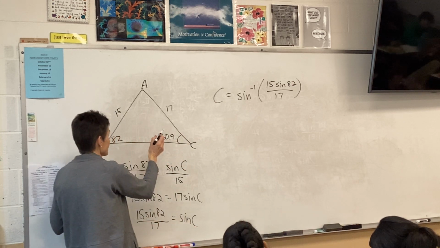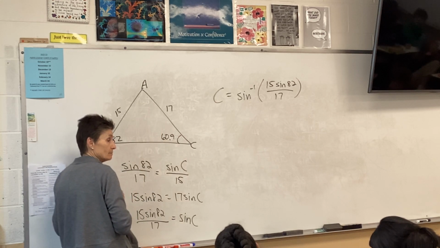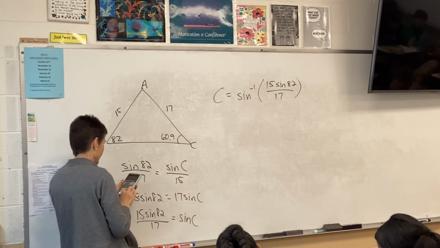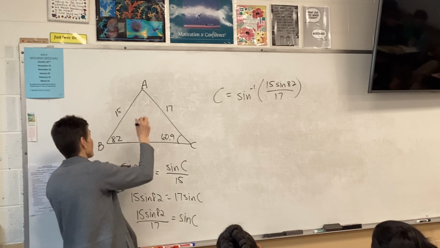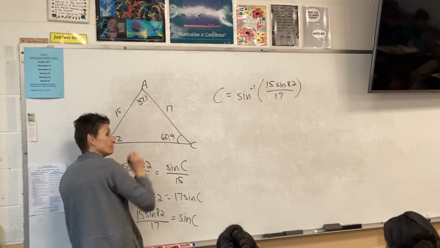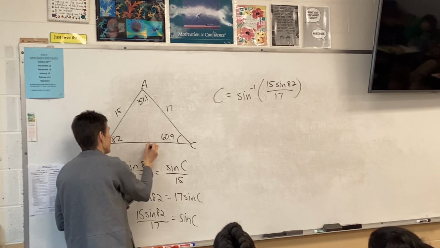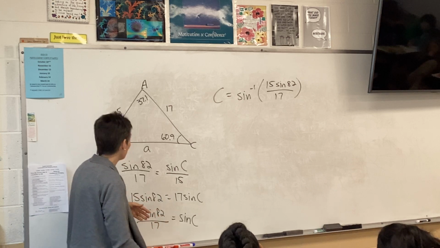Now that I know that's 60.9, can I find angle A? 37.1. And now that I know angle A, can I find side A? Yeah. Always go back to the original pair.